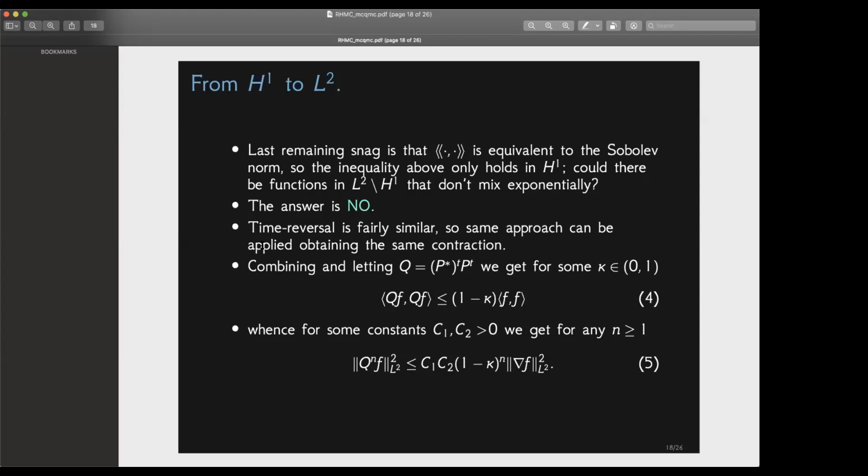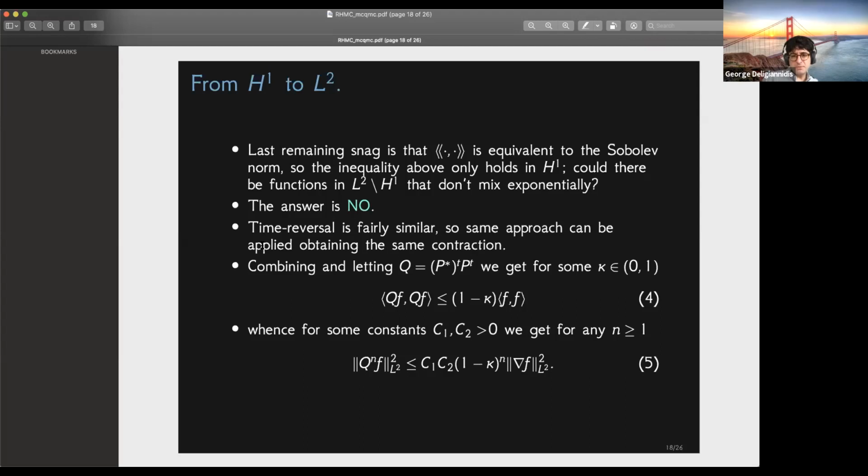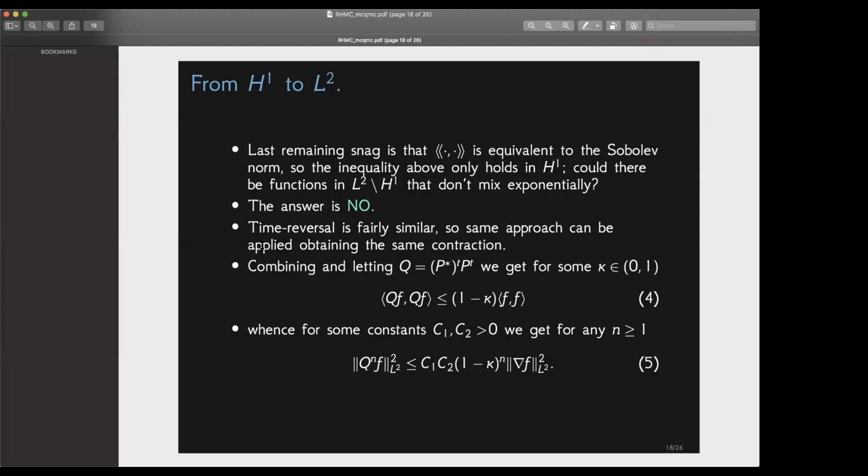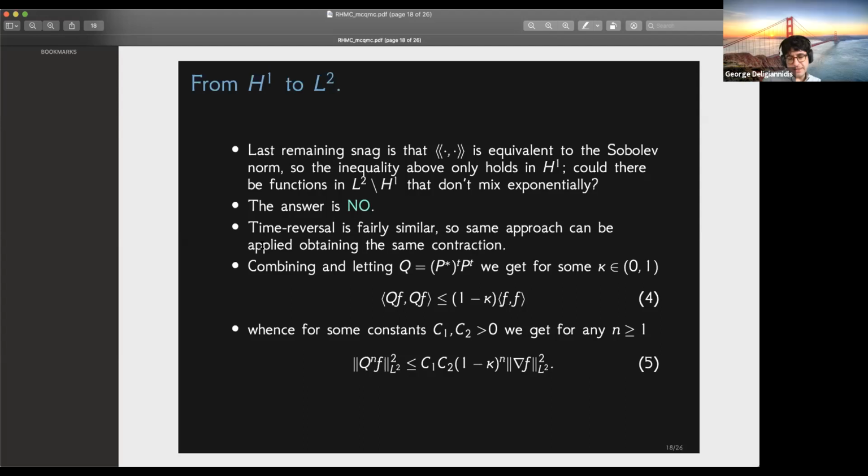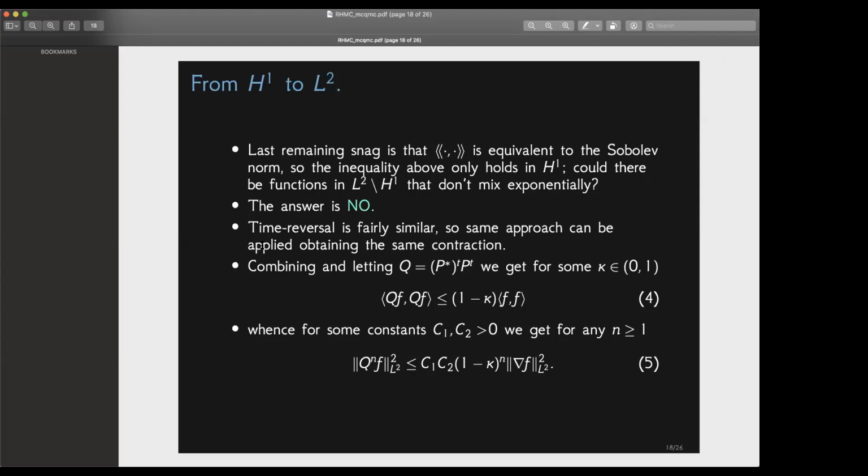So you mean from H1 to L2? No, I meant from Wasserstein. If you have a Markov semi-group that contracts the W2 distance, then the square of the norm of the gradient of PT f is bounded by exactly the same contraction rate times PT of the square of the norm of the gradient.